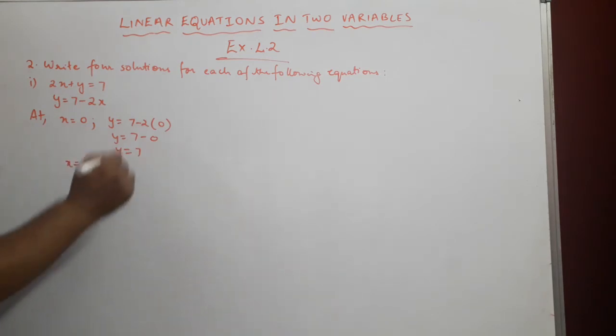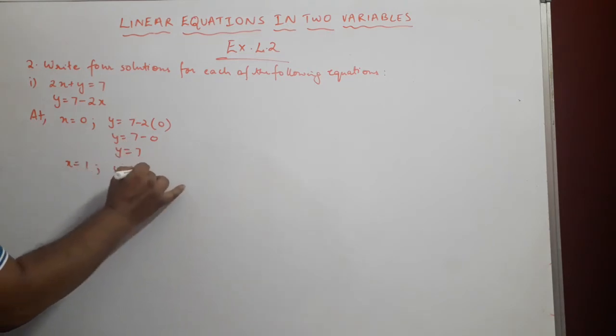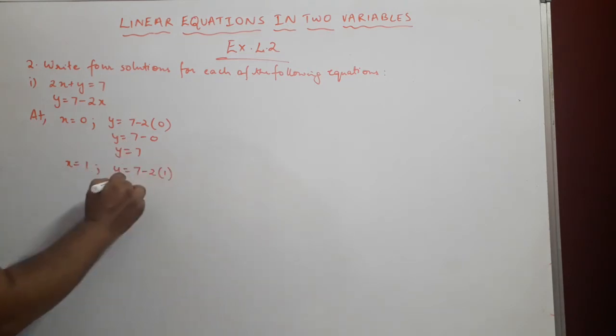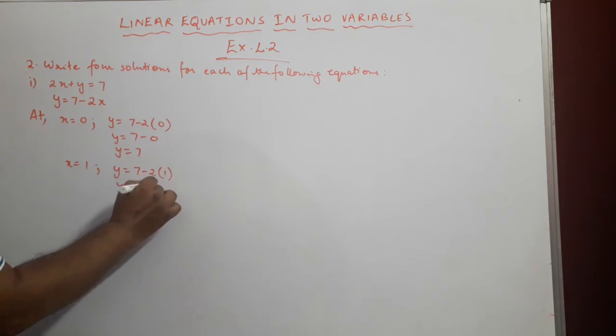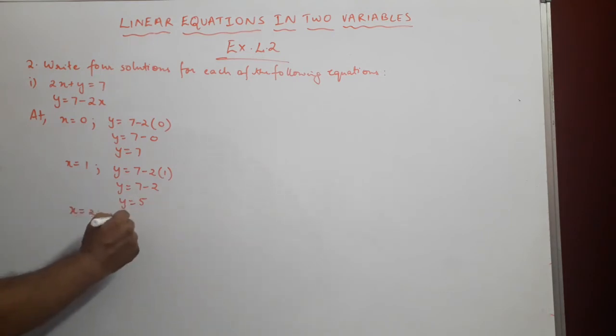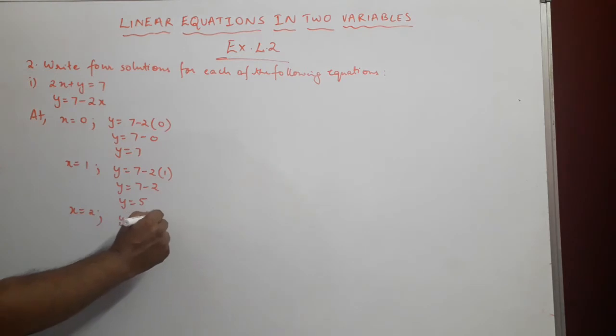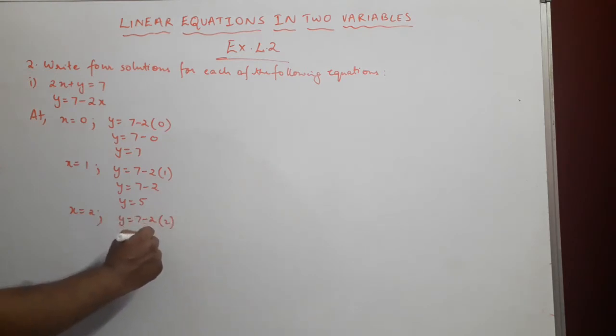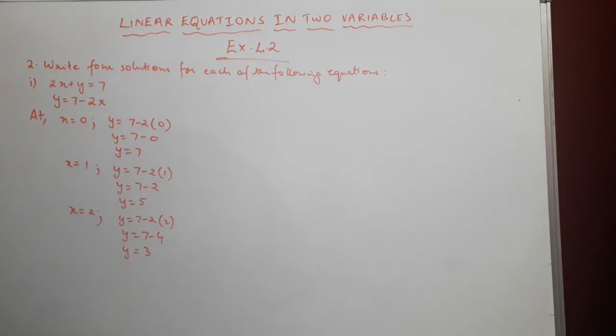Now y equal to 7 minus 2 into 1, which is 2, and we get y equal to 5. Next I'll take x equal to 2, and y equal to 7 minus 2 into 2. 2 into 2 is 4. So y equal to 7 minus 4 is 3.